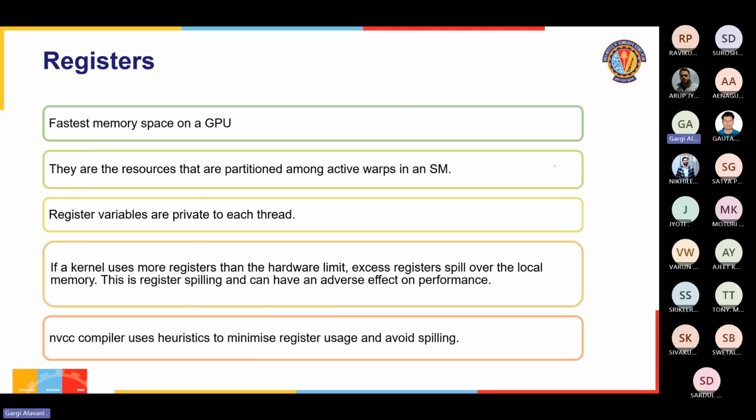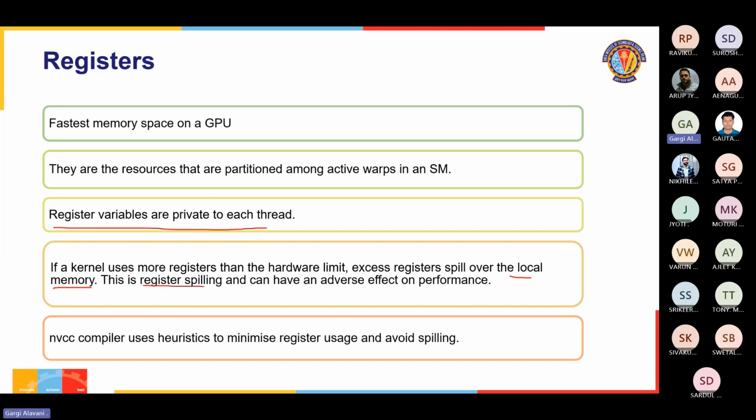Registers, like in a CPU, in a GPU also are the fastest memory space. They are also partitioned among active blocks which are available on your SM at a time. These are private to your thread. We also saw how the resource partition happens. If you need more registers, they will be taken over from local memory if they are not sufficient.